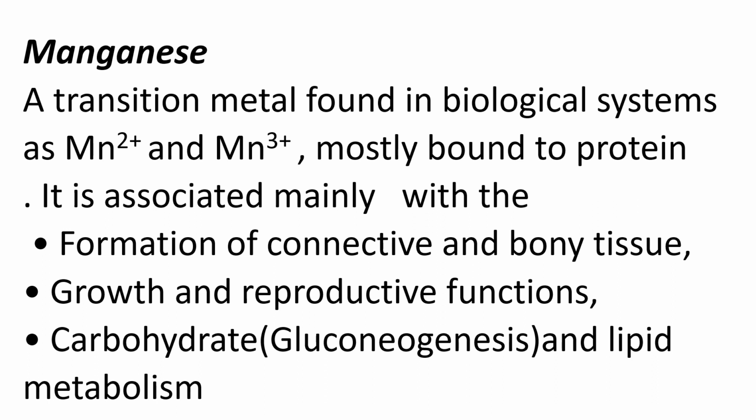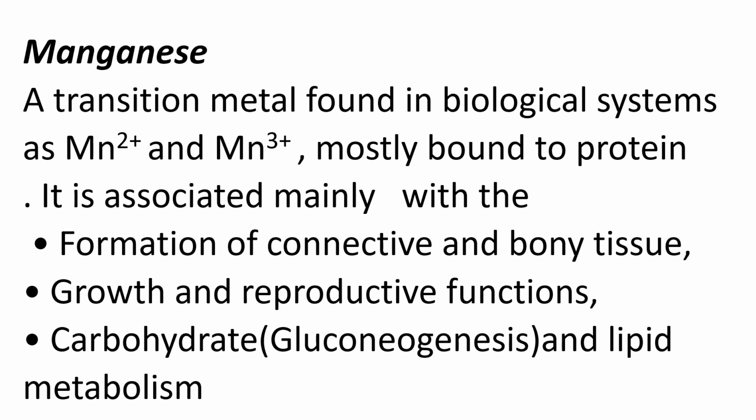So it is present in either a 2 plus or 3 plus valency state, and before that we have discussed those transitional elements that include iron, copper, and now it is manganese, and it is mostly present in the circulation bound to a protein. The functions mainly concerned with manganese are that it is concerned with the formation of connective tissue and bony tissues.